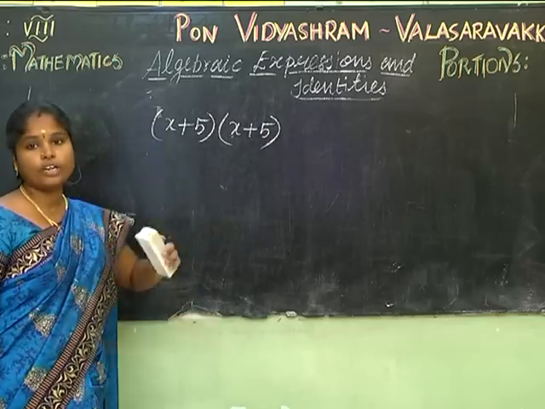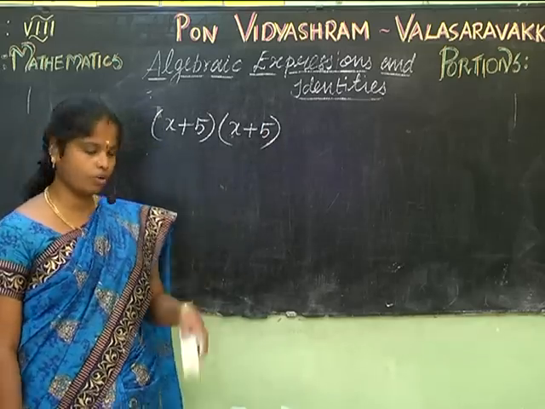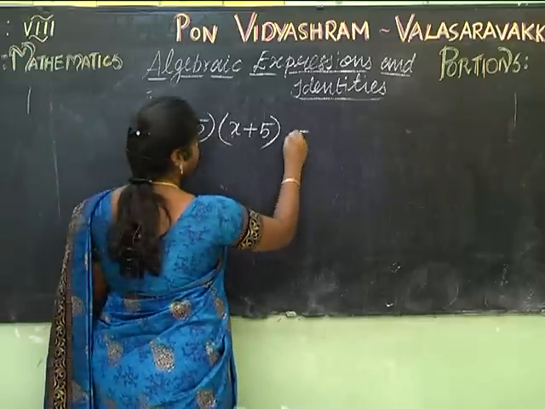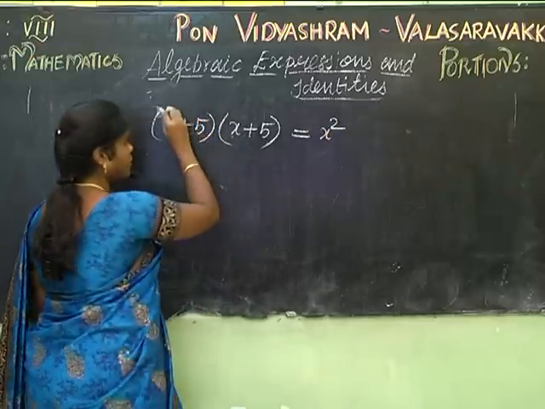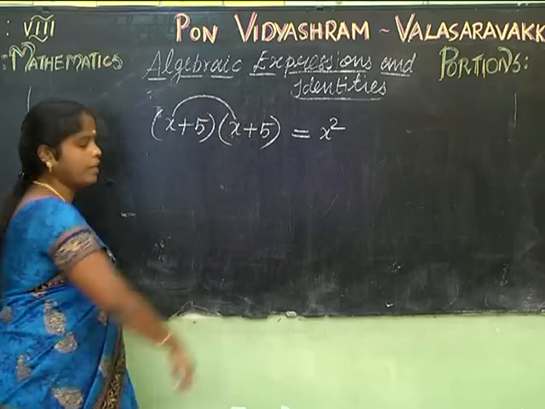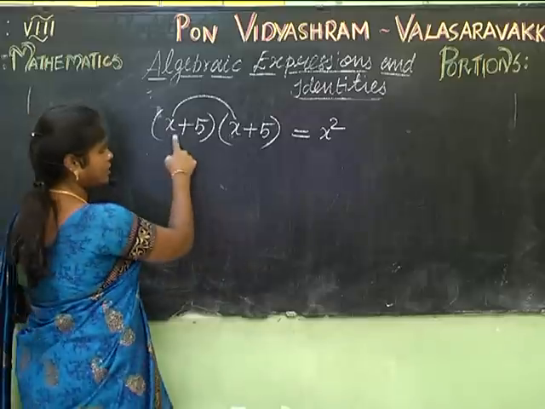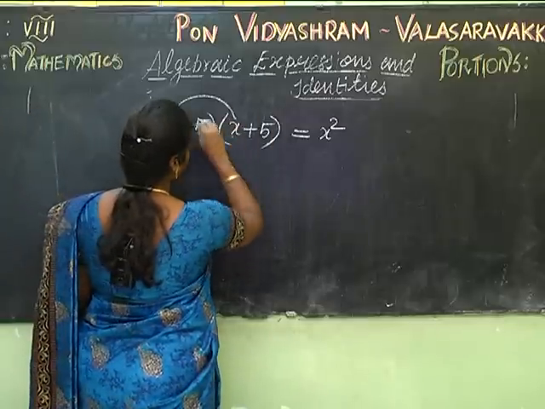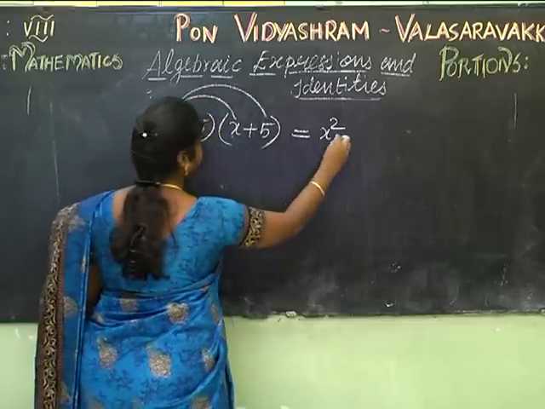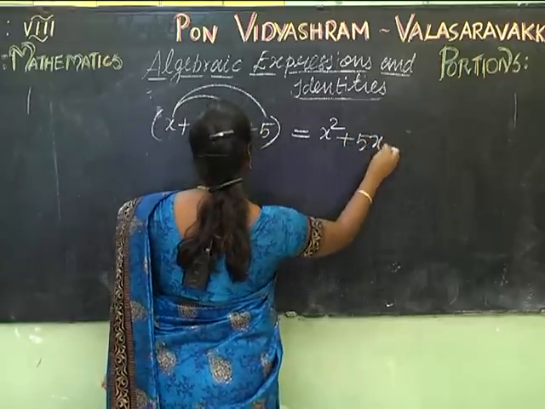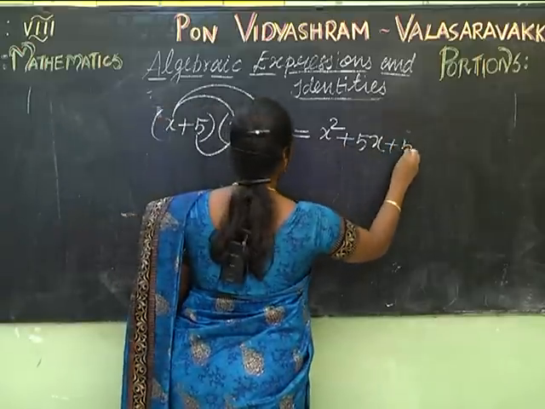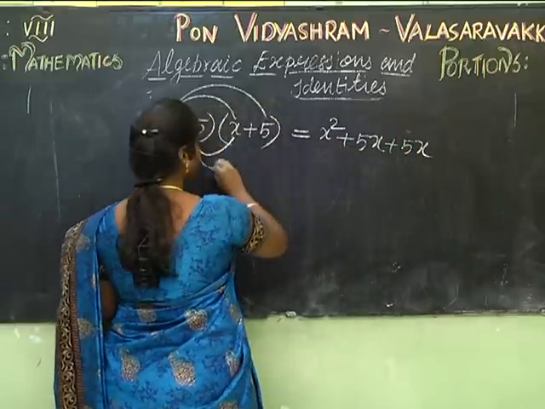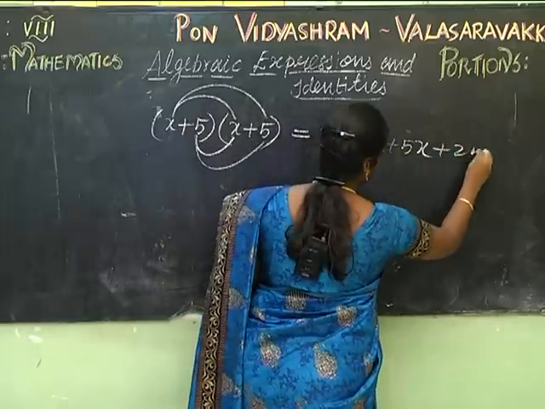This is nothing but the product of a binomial by a binomial. First, find out the product of these two. We have already learned how to multiply a binomial by a binomial. So x into x, x square, then x into 5, 5x, then take the next term, 5 into x, 5x, then 5 into 5, 25.